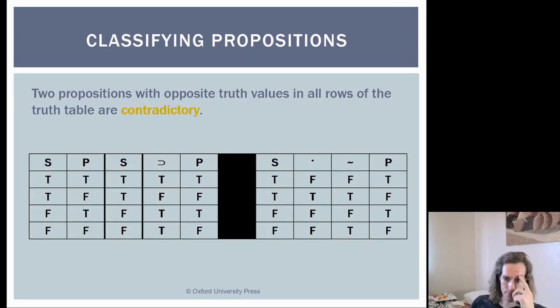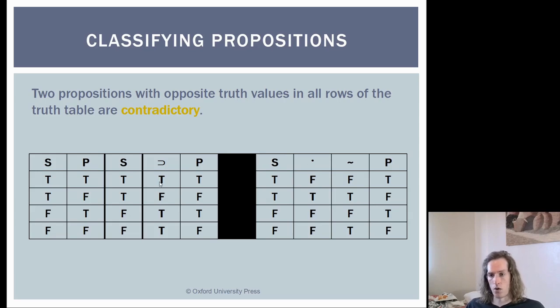Now, similarly, we can compare two propositions, and if we find that they have the exact opposite truth values instead of the same, they're going to be contradictory. So here we have two propositions: if S then P, and our second proposition is S and not P. On the left, the major operator of the first proposition is the horseshoe, the conditional, and the major operator on the right is the conjunction, the dot.